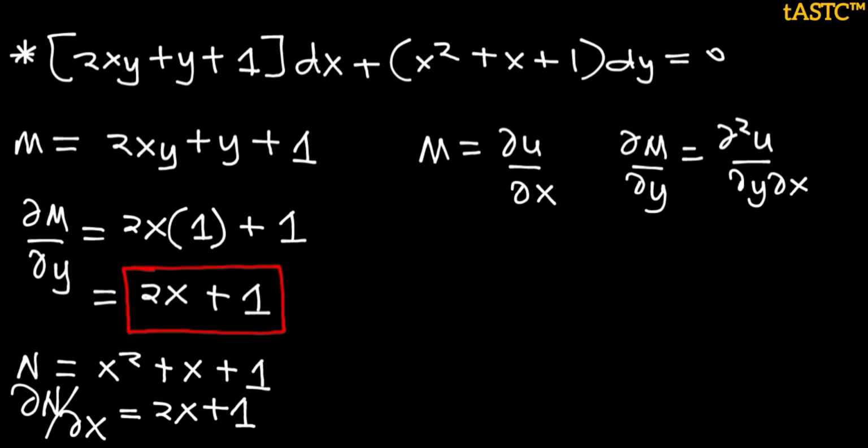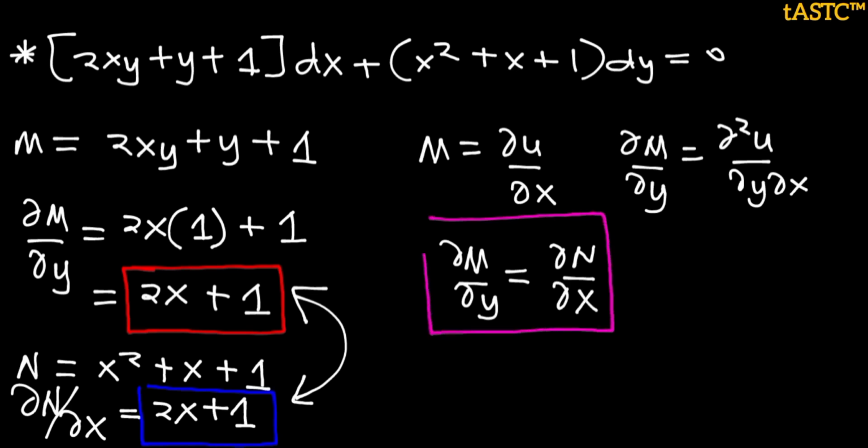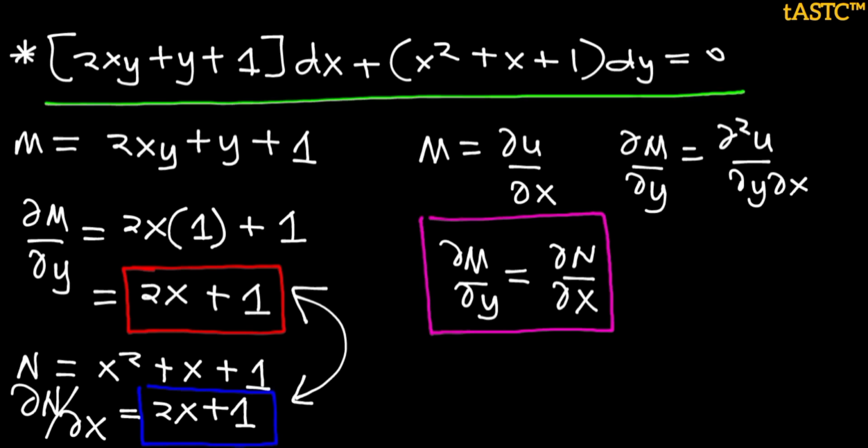So here, as you can see, we have a 2x plus a 1 from the first case, and that is similar to what we have in the second case. So we agree that partial m partial y is equal to partial n partial x. Since we got this, this equation is an exact differential equation.